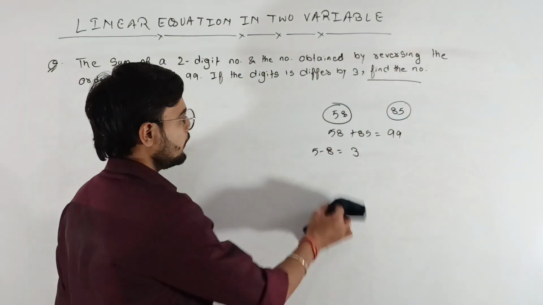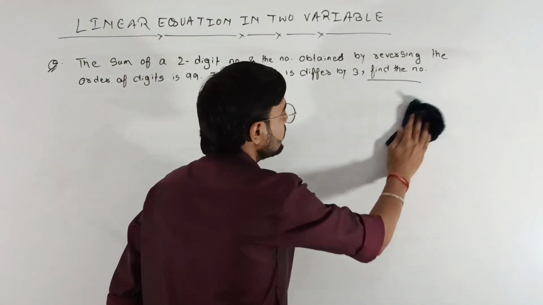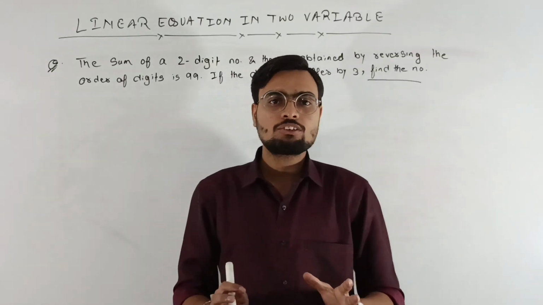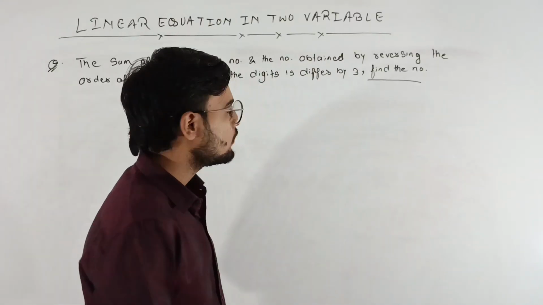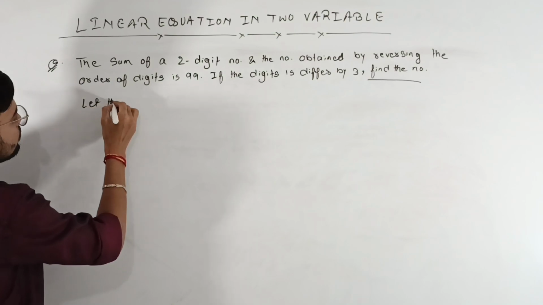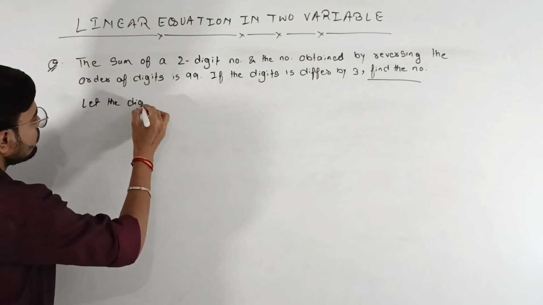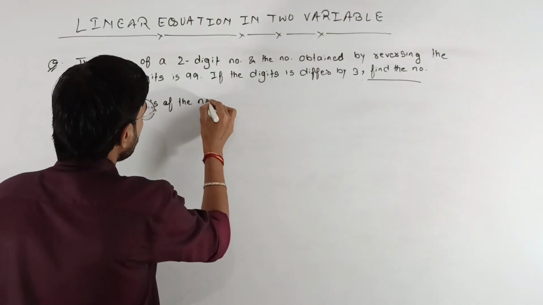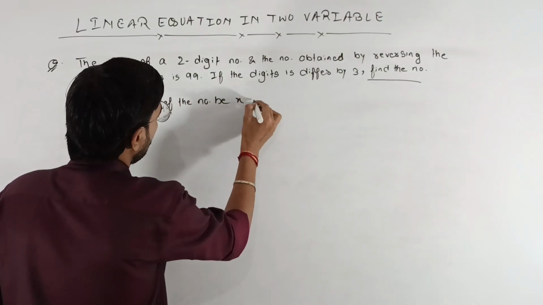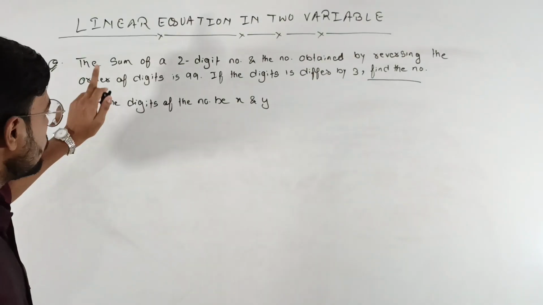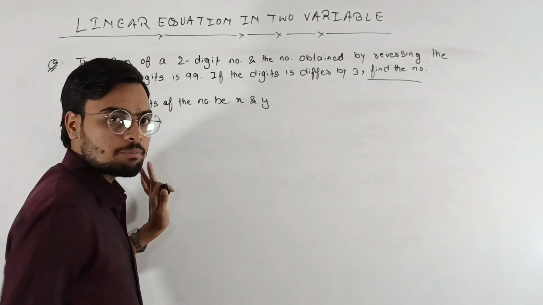Understood? So look at how we solve this type of question. First we assume the digits of the number to be x and y. Now which one is at the ones and tens place?